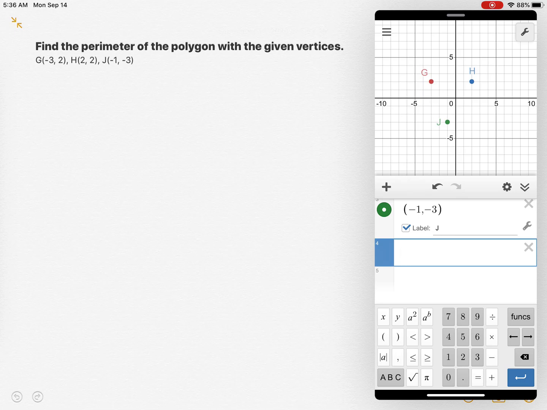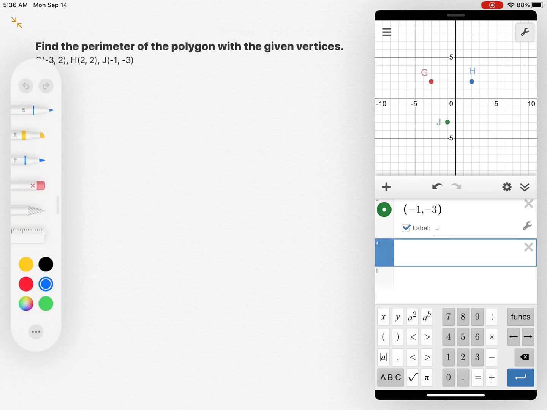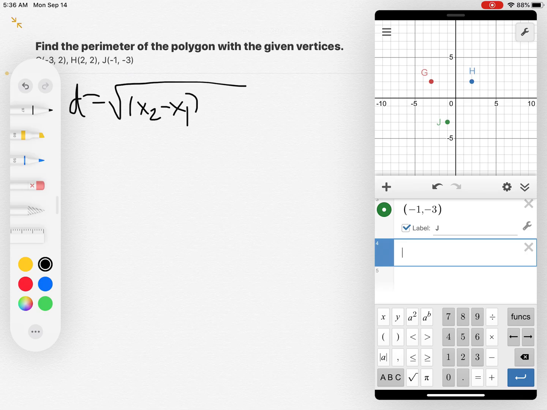Perimeter of any shape, any polygon, is what you get when you add up all the side lengths. So the way that we're going to find the side lengths is we're going to use the distance formula. So we've used distance formula, but just to give you a little refresh, I'm going to write that formula out just so we can see it. That's the one with the big square root, x2 minus x1 in parentheses squared, plus y2 minus y1 in parentheses squared.